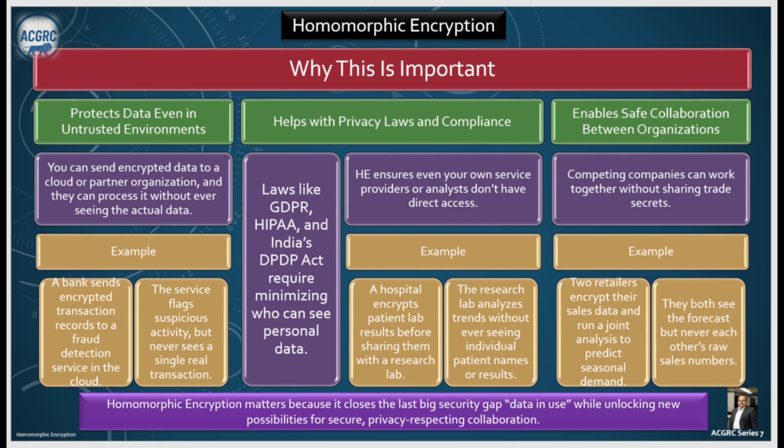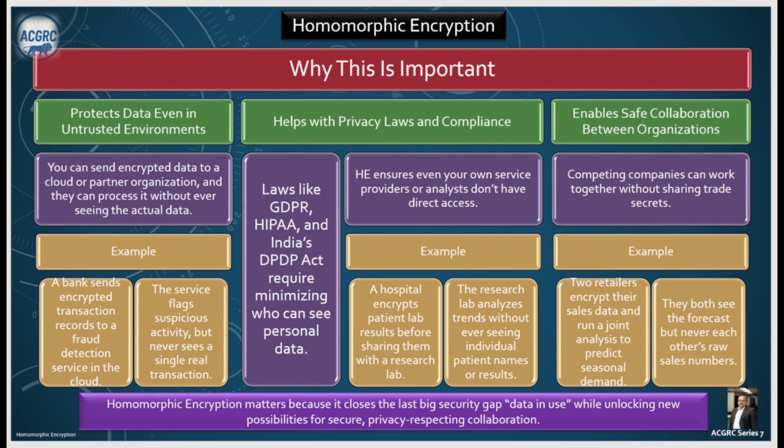The next is collaboration. Competing companies can work together without sharing their trade secrets. Example, two retailers encrypt their sales data but run a joint analysis to predict seasonal demand.